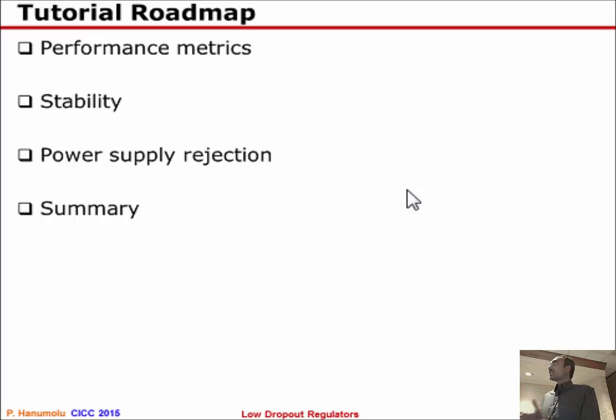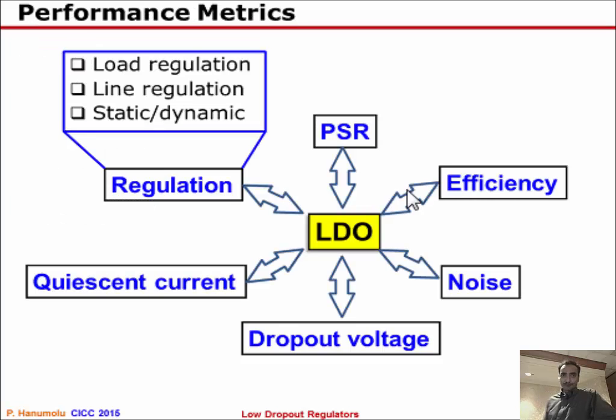That's what makes the stability of LDOs slightly more complicated than, let us say, a standalone amplifier driving a fixed load. So we'll spend some time on stability. And towards the end, I'll also talk a little more about power supply rejection. This probably is the most important characteristic of LDOs used in SOCs. So this will be the plan for the next 1.5 hours or so.